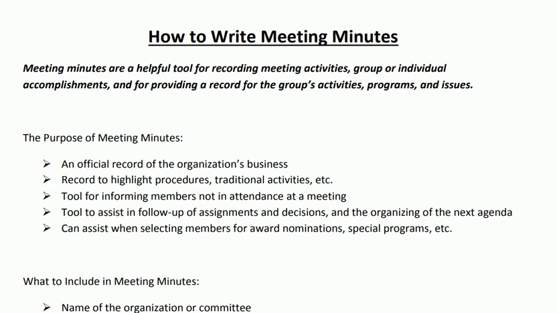So let's start. First we must know what minutes of meeting look like, and we will look at the definition, so you better know what minutes of meeting are. As you see, it is written here that minutes of meeting or meeting minutes are a helpful tool for recording meeting activities. There are a lot of meetings in an organization, and they would like to have a record.